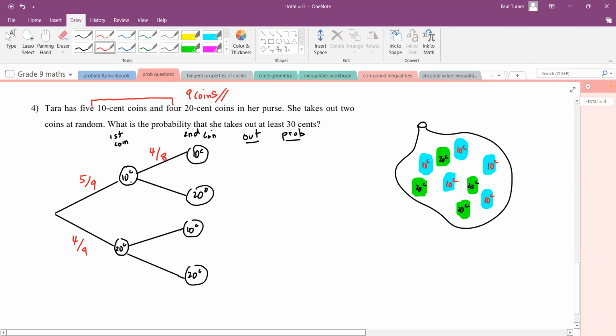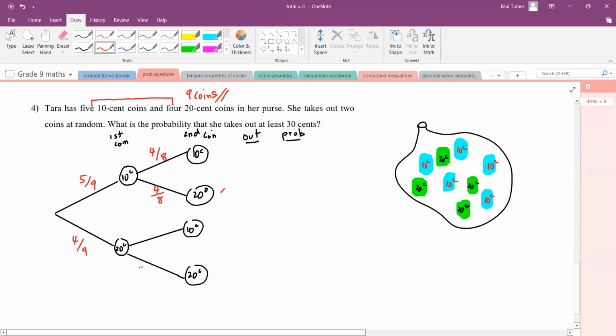If you've taken out a 10-cent coin, what's your chance of taking out a 20-cent coin? Well, you've already taken out a 10-cent, but there are still 4 20-cent coins in the purse. So this will be 4 out of 8. Alternatively, you could take out a 20-cent coin at the start. What's your chance of another 20-cent coin?